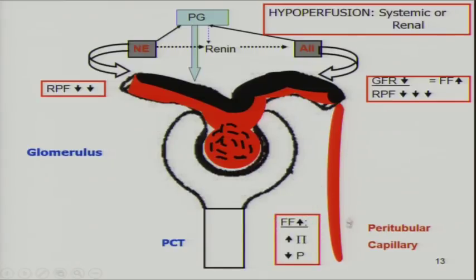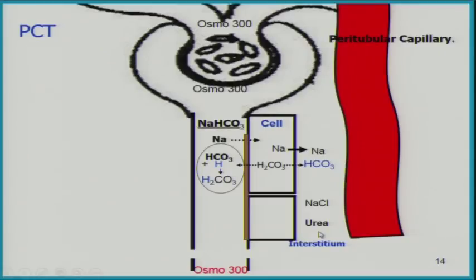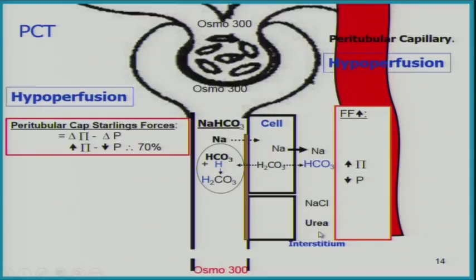The net result is an increase in oncotic pressure and a decrease in hydrostatic pressure distal to where it's constricted. Those two things together will then favor more fluid with salt moving into the peritubular capillary, and therefore it would be 70% as opposed to 55%.